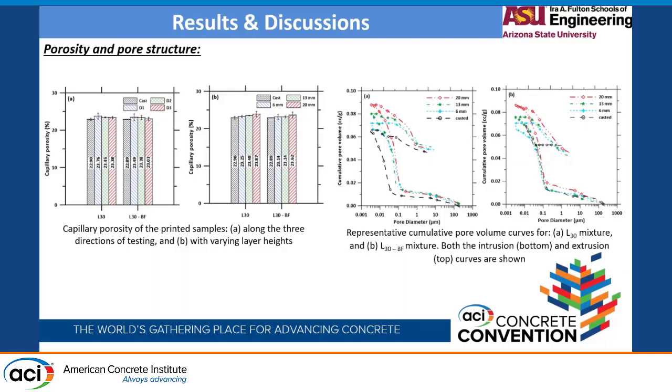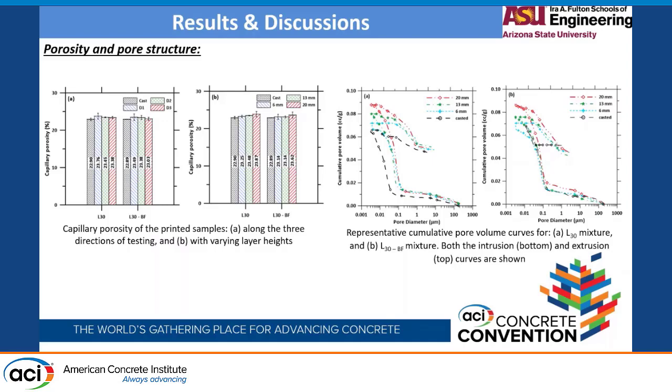So we went on to MIP to find the pore structures in the bulk region of the 3D printed samples, and we found that the total cumulative pore volume that intruded the samples increased from cast samples for all 3D printed structures, and with increasing layer height from 6 to 13 to 20, the cumulative pore volume increased significantly.